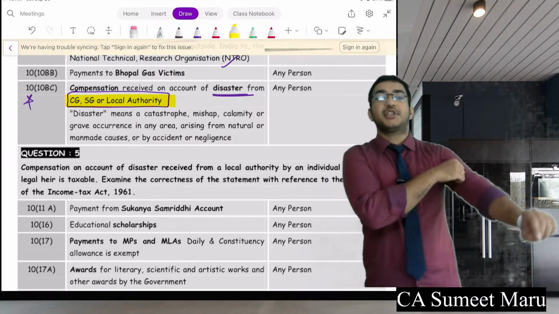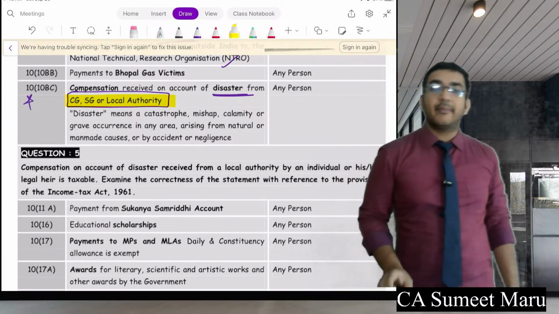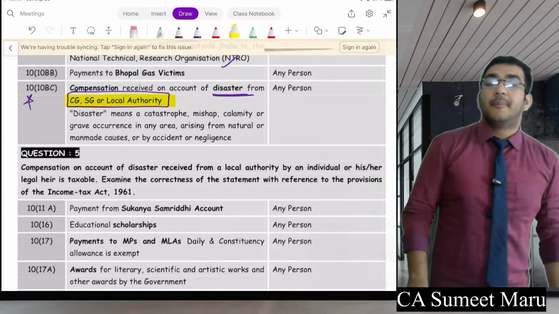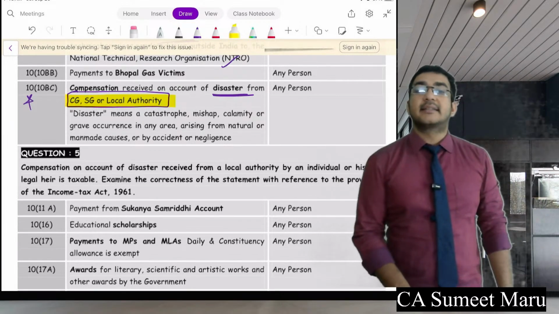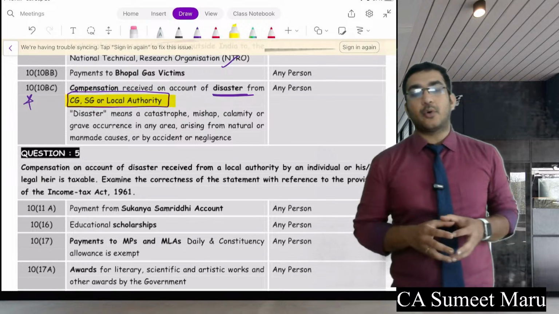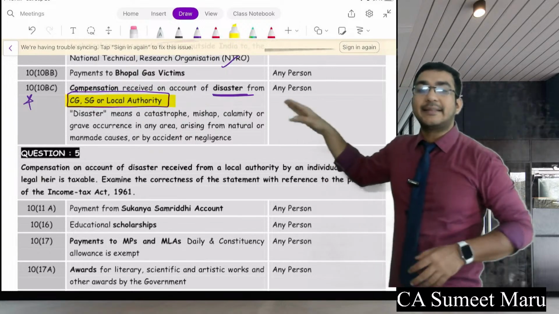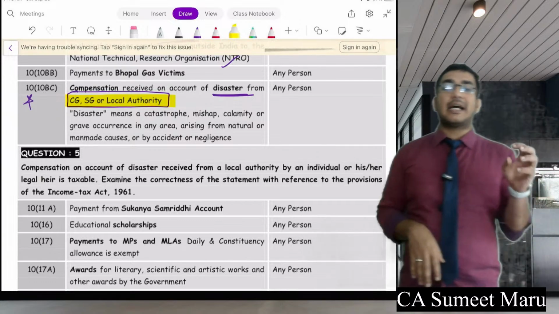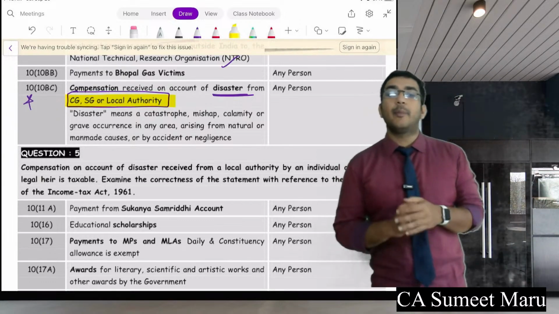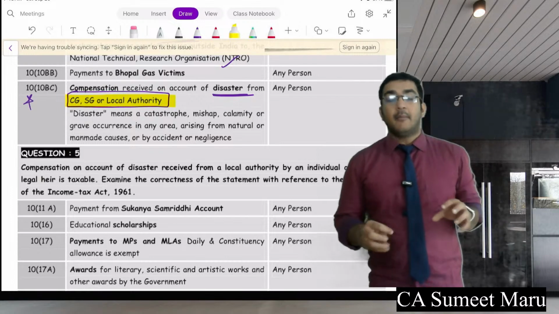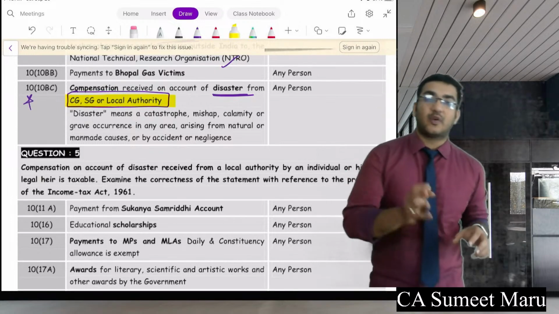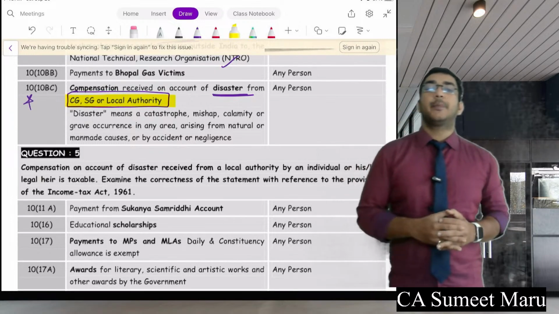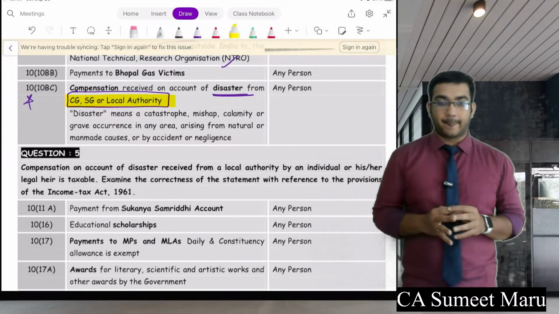When you get compensation only and only from the central government, state government or local authority because of some disaster that happened, this compensation will be exempt from your total income. Again, if received only by these three. So for example, if the railway pays you some compensation for any mishap, in this case this won't be taxable, this is exempt. But if some local community pays you for such an incident, that is going to be fully taxable.